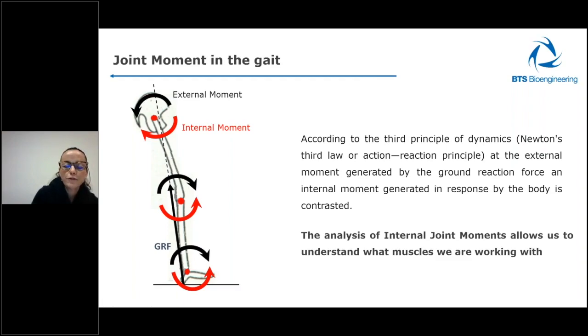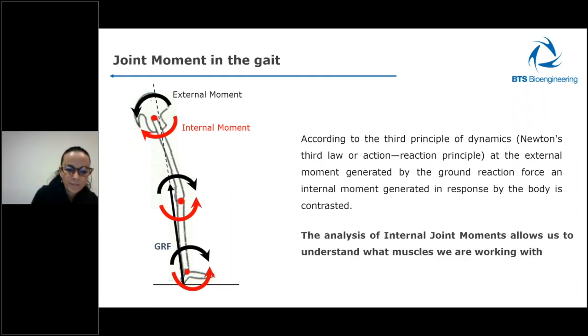According to the third principle of dynamics, that is Newton's third law or principle of action and reaction, this external moment is contrasted by an internal dorsiflexor moment generated by our body as response.